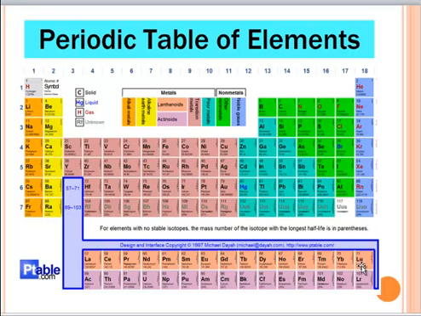This combination of numbers should sound familiar, because 2 is the maximum number of electrons that can be accommodated on the s sublevel, 6 on the p sublevel, 10 on the d sublevel, and 14 on the f sublevel.